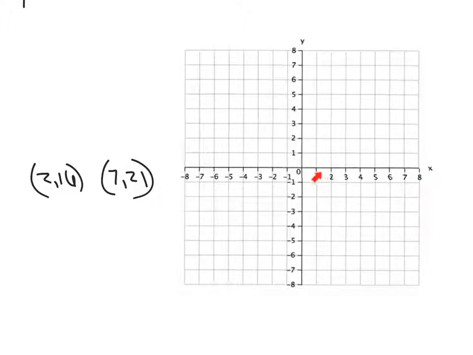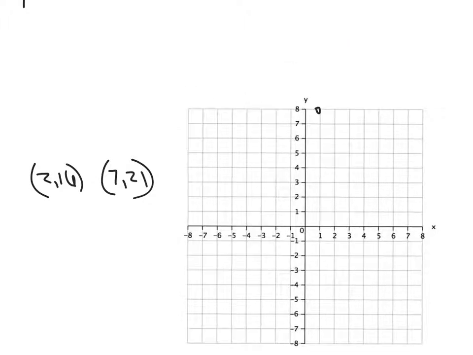Okay, so I go over 2 and up 16. So I have a point here, and I also have a point at 7, 21. So 2, 4, 6, 7, 2, 4, 6, 8, 10, 12, 14, 16, 18. Ooh, that puts me way up there, doesn't it? Up around here.